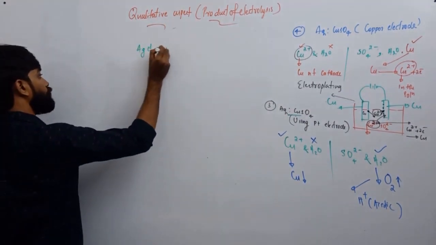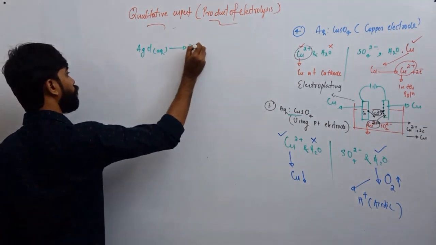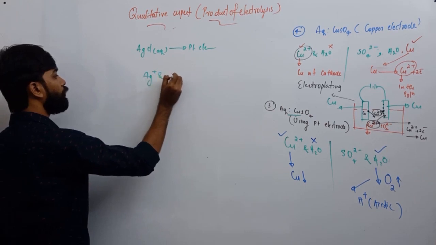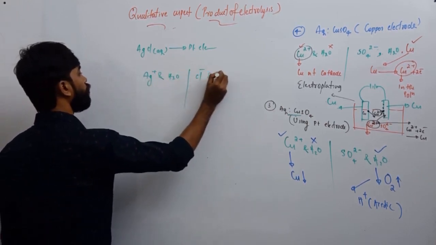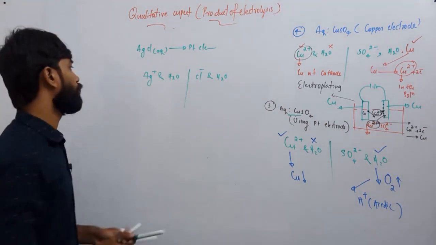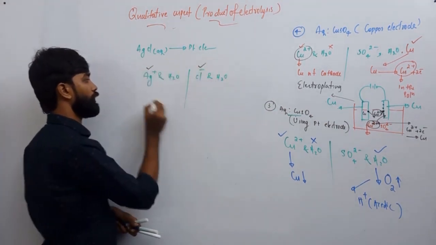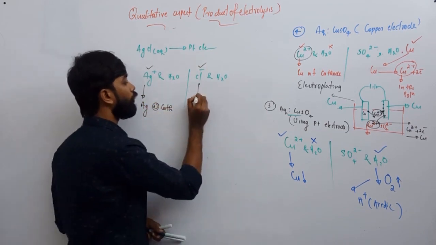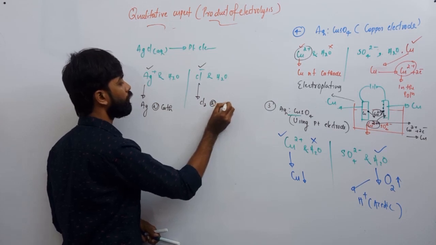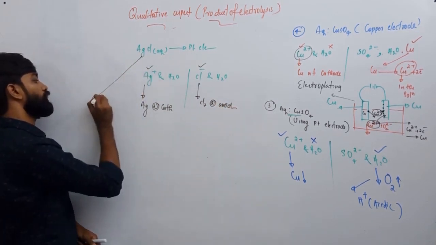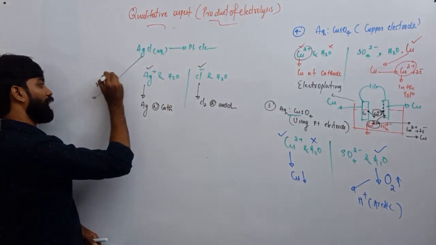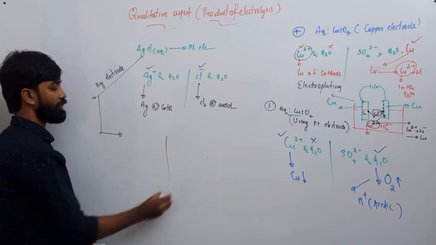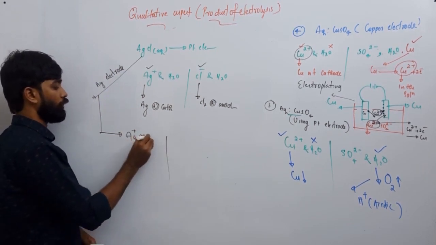So the very same type of problem may be asked here also. If I have AgCl aqueous using platinum electrodes or inert electrodes, no problem. There is a competition between Ag plus and water, and Cl minus and water. What happens? Fine. Ag plus, here Cl minus. So silver at cathode, chlorine at anode. But if it is using silver electrode, what about the case? The reduction chances are between Ag plus and water, no doubt.